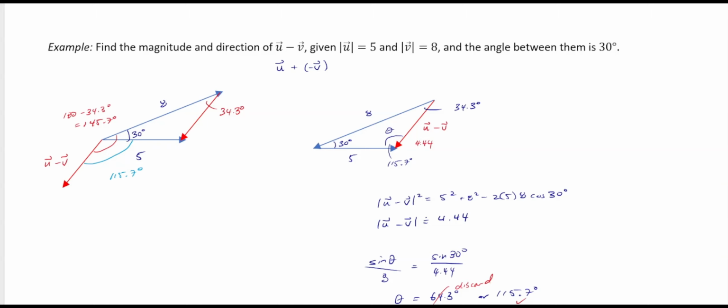Okay, so we can just finish this off by saying, therefore, u minus v has a magnitude of 4.44 and makes a 115.7 degree angle with u and a 145.7 degree angle with v.